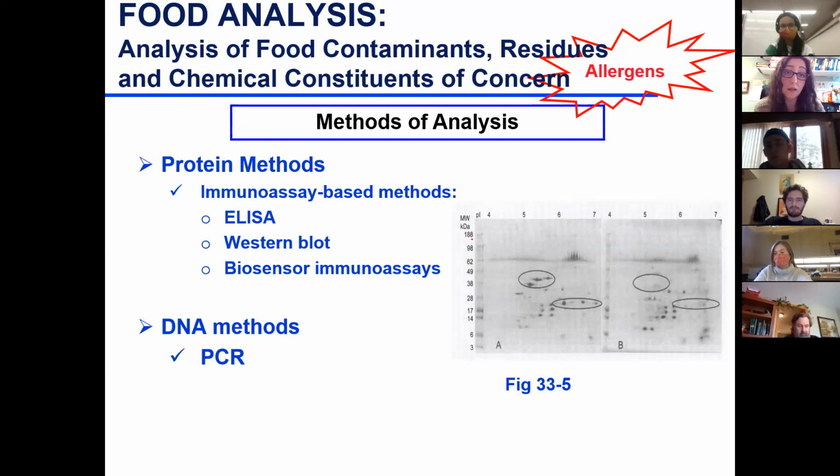But are they not allergenic? They could still be allergenic, because other antibodies in our body could still react with them. But the assay that we use with specific monoclonal antibodies won't detect them. So that is a problem too. We have to be very careful in choosing which method to use and be aware of the advantages and disadvantages of each.